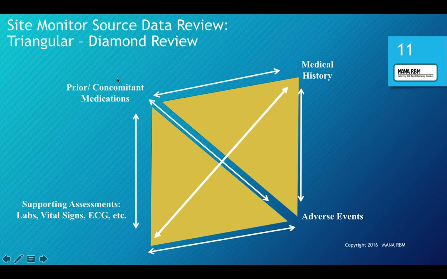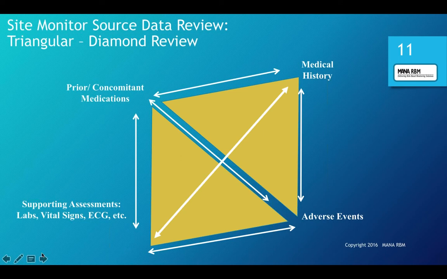Are some of the ConMeds used for prophylactic purposes, such as the aspirin for prevention of heart attack? So all of these things you want to look at, but then you also want to look at supporting assessments like your labs, your vital signs, your ECG, and whether there's a relation there to the concomitant medications and a relation there to any adverse events.